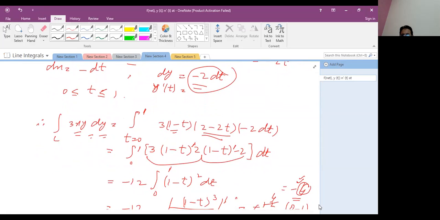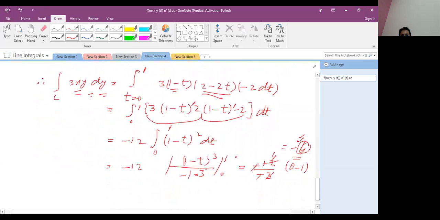In the next step, we integrate. The integral of (1 minus t) whole power 3 has the derivative of the variable as minus 1, so the answer is minus 12 upon minus 3. Applying the upper limit, 1 minus 1 is 0. Applying the lower limit, 1 minus 0 is 1. So 0 minus 1 multiplying by 4 means the line integral is minus 4.